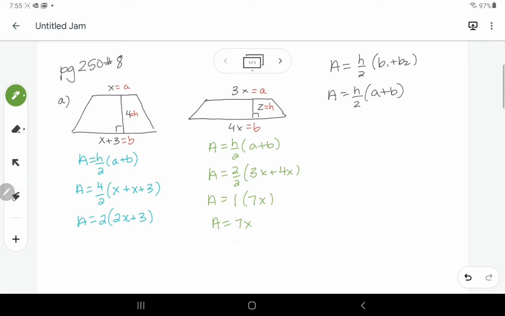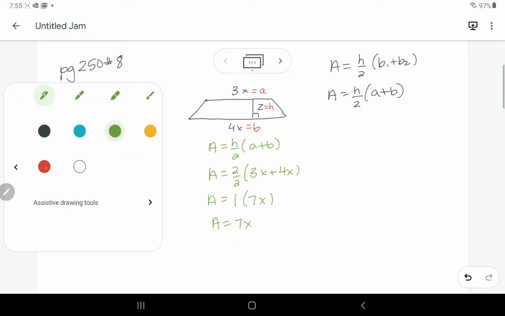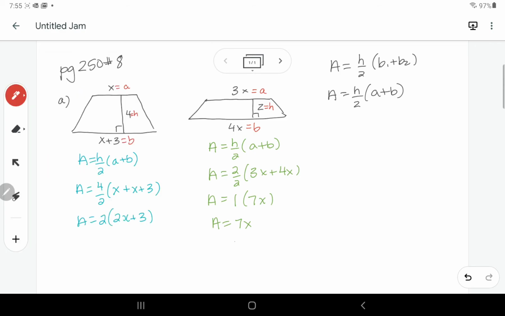So now, if it tells us that these two areas are equal, then what I'm going to want to do is take this area equation and make it equal to this area equation, and then that will let me solve for our x value. So I'm going to make a new equation saying that this area equals this area.